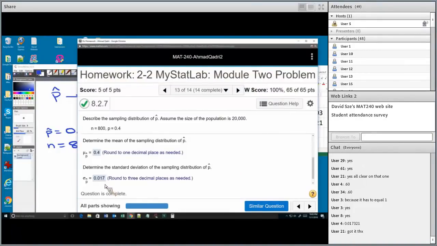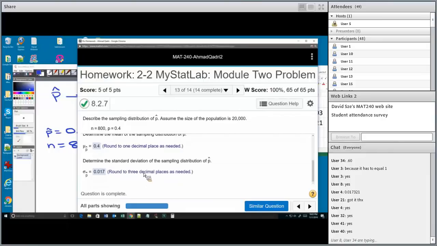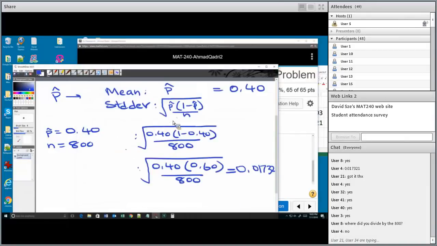Is this clear? Are these two steps clear? I think these are the most challenging steps here, really. Any questions here on this before I move to the last problem? I divided by 800 here. Remember I said the formula is p hat times 1 minus p hat divided by n, and so I plug in the values.